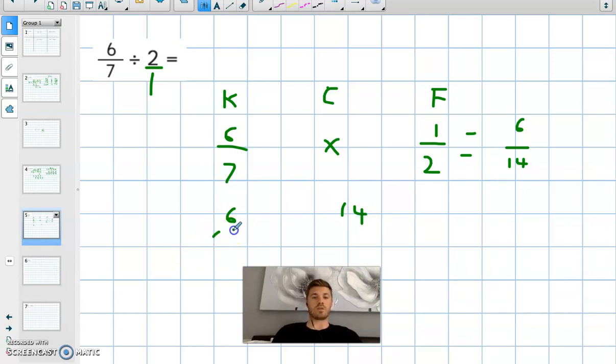Very important that you practice finding the factors of numbers, so 1 and 6, and then 2 and 3. So there's 4 factors of 6, and then for 14, there's 1 multiplied by 14, 2 multiplied by 7.